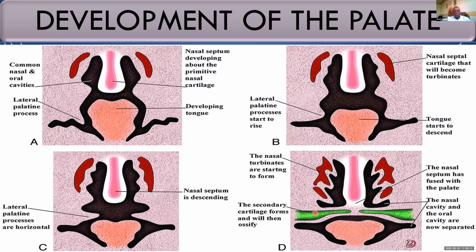And so that contributes to formation of the hard palate. The posterior parts of the secondary palate do not undergo ossification. And because of that, the posterior part of the palate lacks bone tissue. Therefore, we call it soft palate. So the soft palate does not have bone. The hard palate has bone.